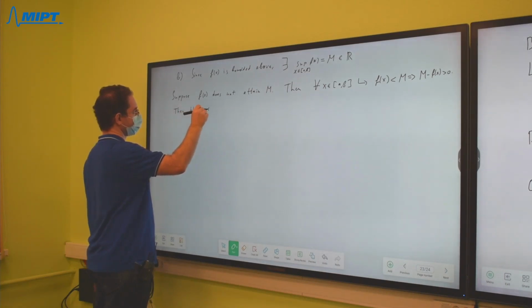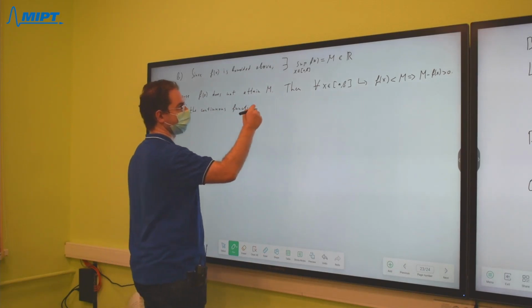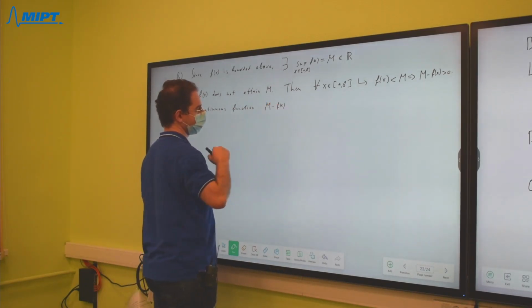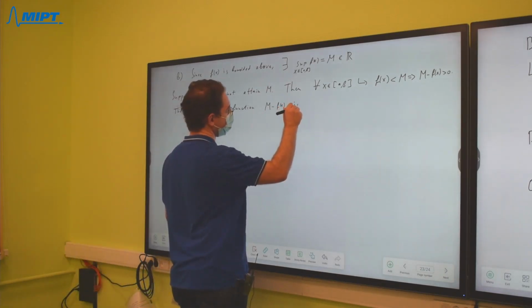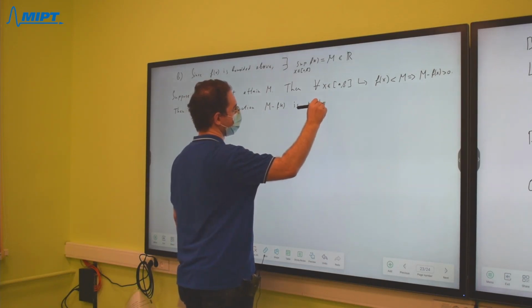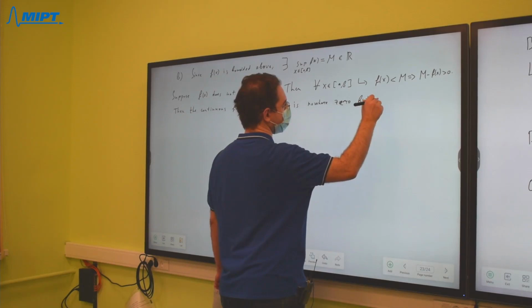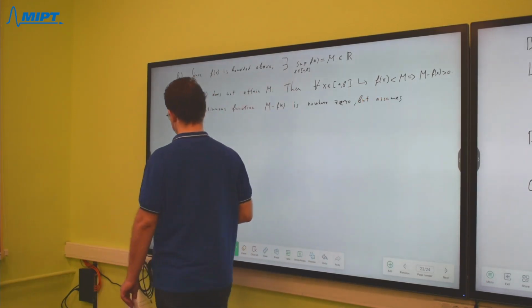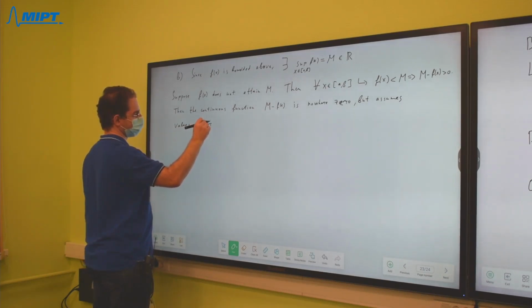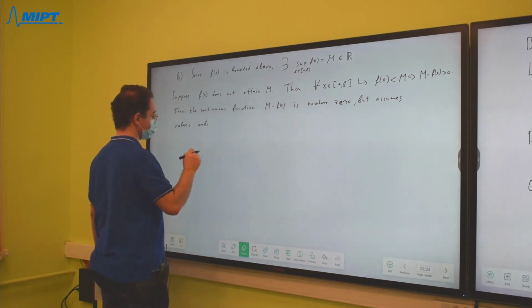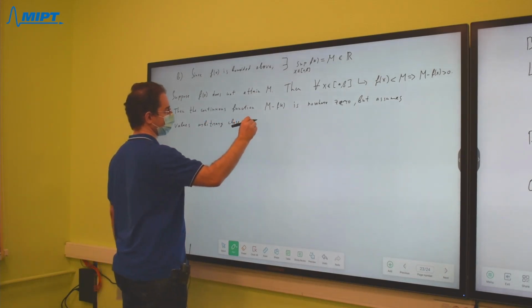Then the continuous function M minus f of x is nowhere 0, but assumes values arbitrarily close to 0.